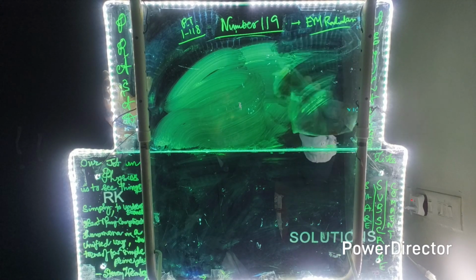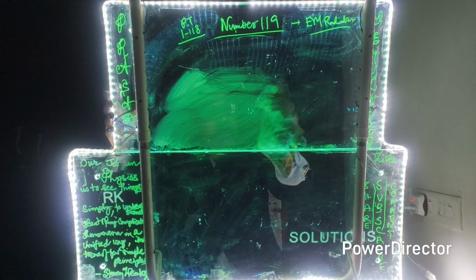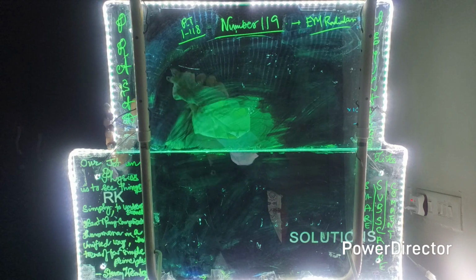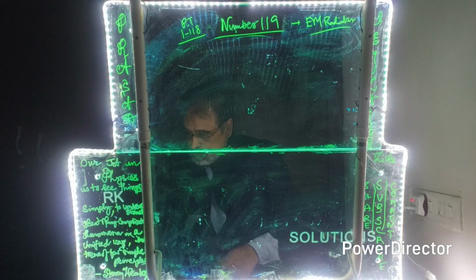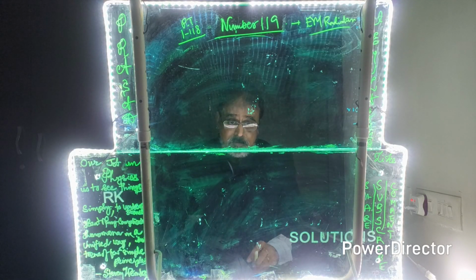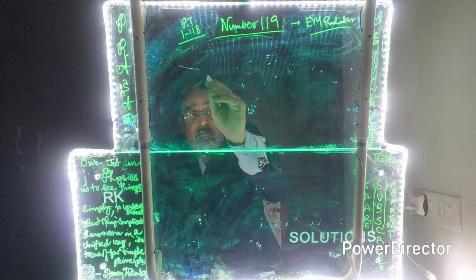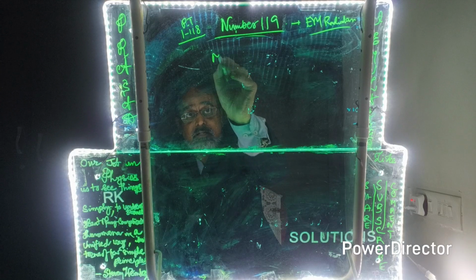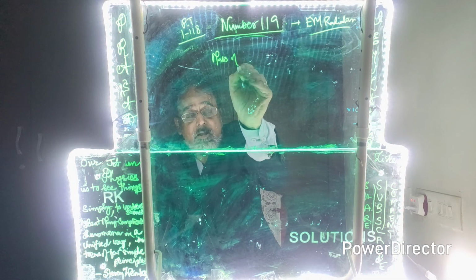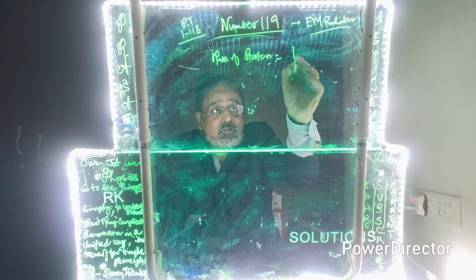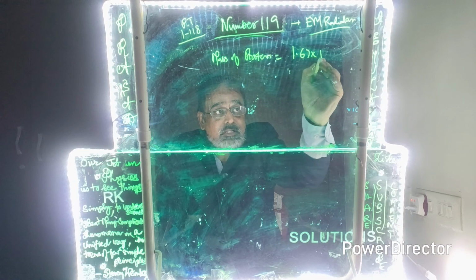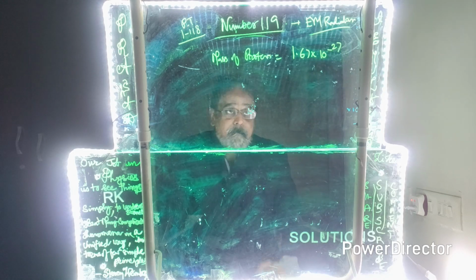So I explain. Let me rub this off. It takes a while. Okay, now the mass of proton is equal to 1.67 into 10 to the power minus 27.